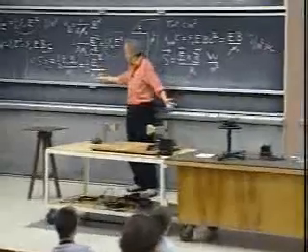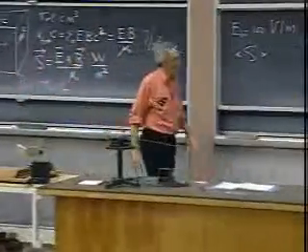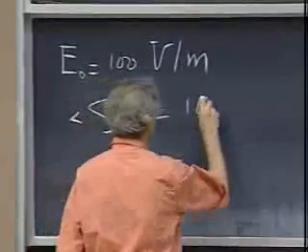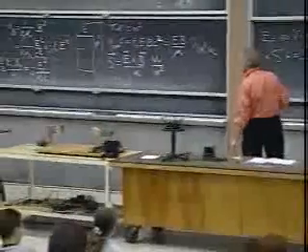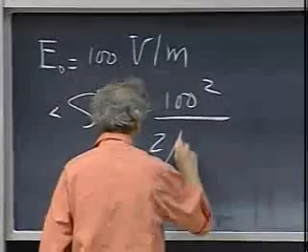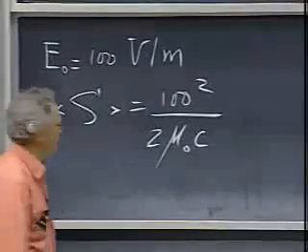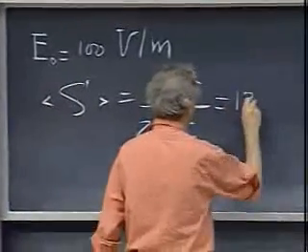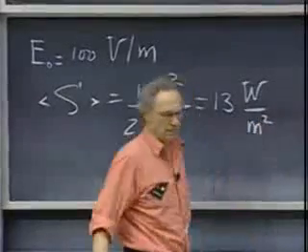E0 is 100. I know mu 0, I know C, so I can calculate what it is. It's 100 squared divided by 2 divided by mu 0 divided by C. And when I do that, I find that this is 13 watts per square meter.